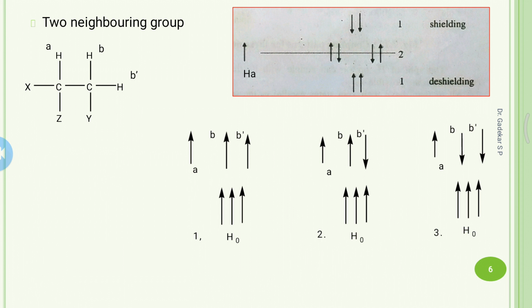So these give no net effect. One is upfield and one is downfield, and A is upfield. Now the third example.